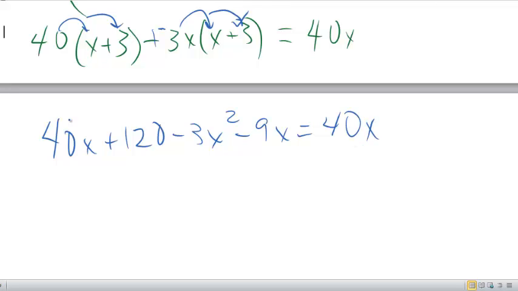Well, let's subtract 40x from both sides. Those will cancel. And let's write this in descending order. So I have negative 3x squared minus 9x plus 120.